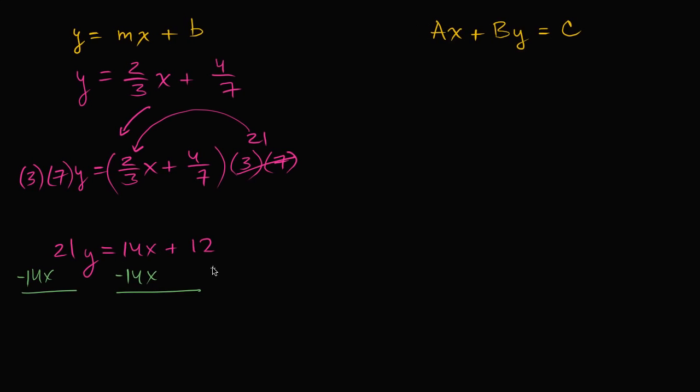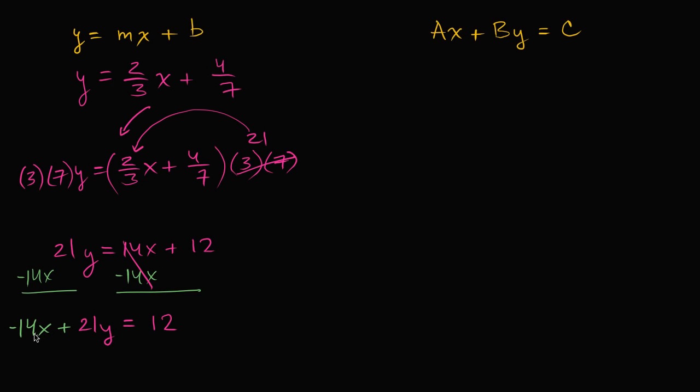On the left-hand side, I have negative 14x plus 21y is equal to, I subtracted 14x to get rid of this, and then I have just 12.